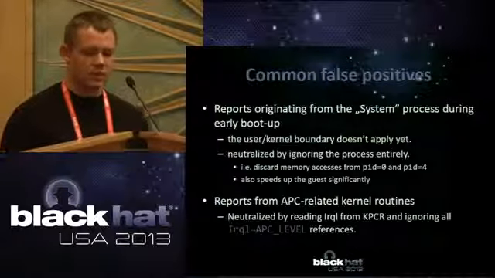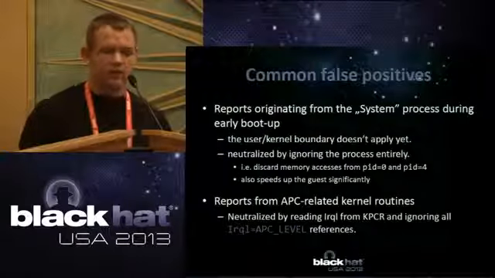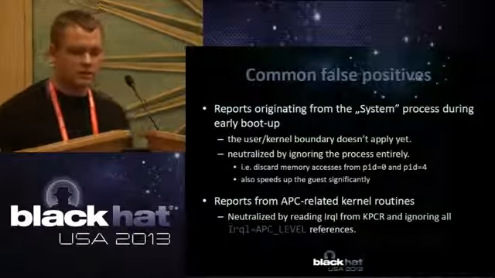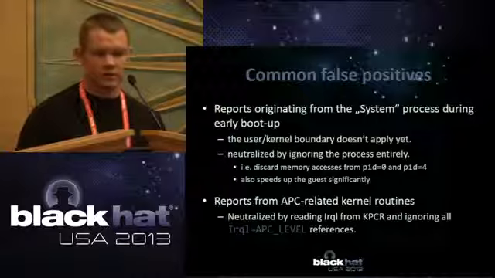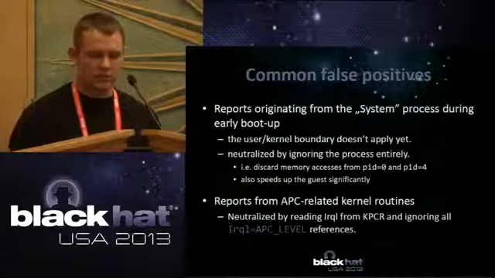At this time, during very early boot up, there is no user-kernel boundary yet, so we ended up with lots of false positives because of this. We could easily discard all of these by just ignoring all reports coming from process ID equals 0 or 4, which is this specific System process.